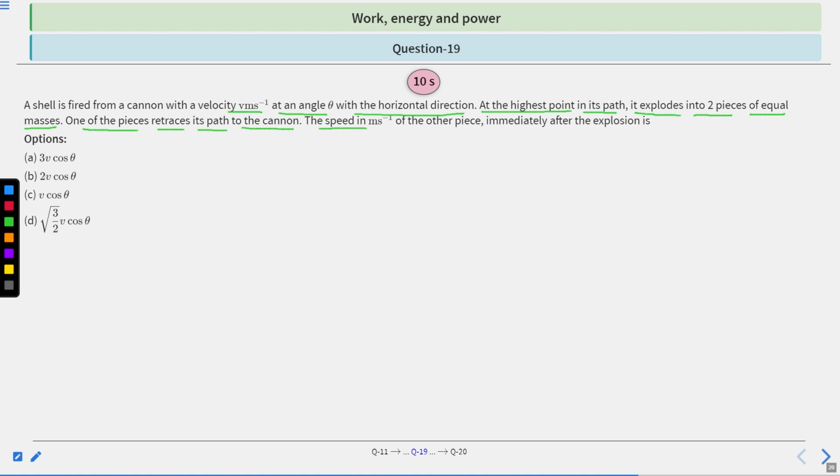The speed in meter per second of the other piece immediately after the explosion is what? Given options: A is 3v cos theta, B is 2v cos theta, C is v cos theta, and D is root 3 by 2 v cos theta. So which one is correct? Clear? You have 10 seconds to solve this question. After 10 seconds we will provide the solution. Clear?